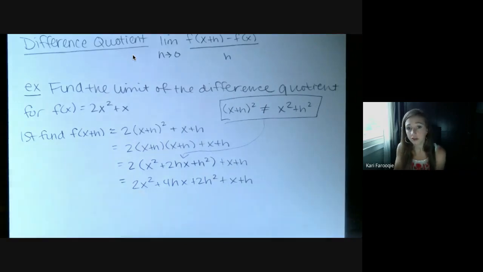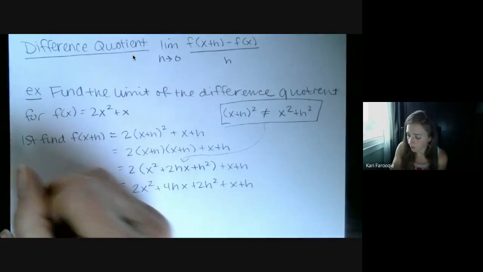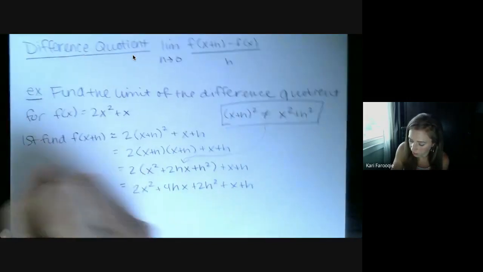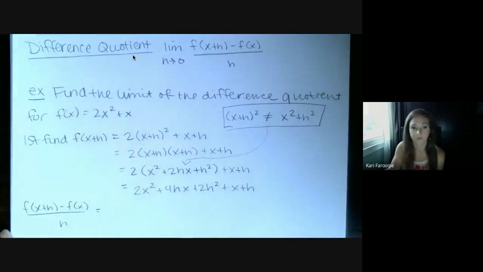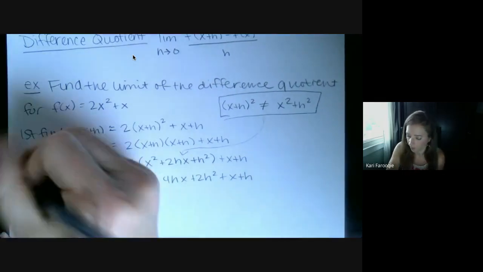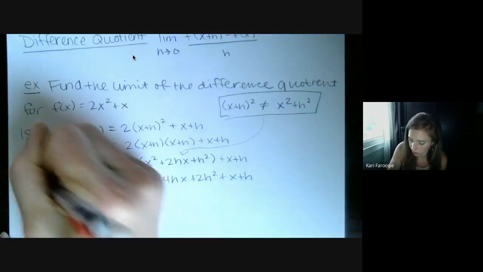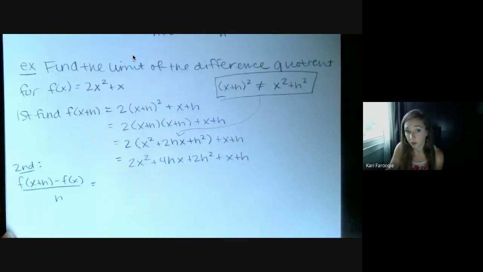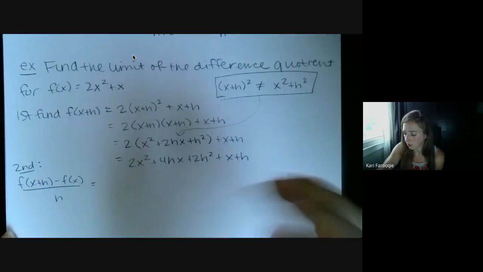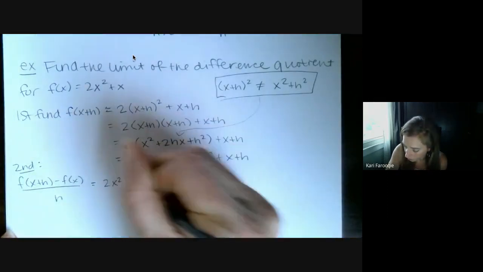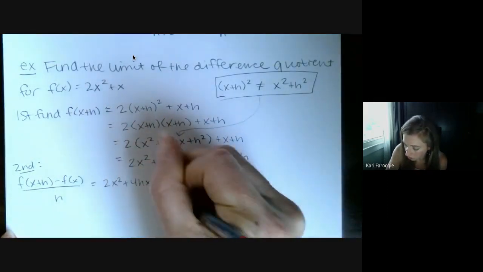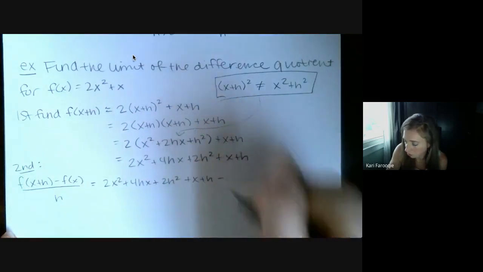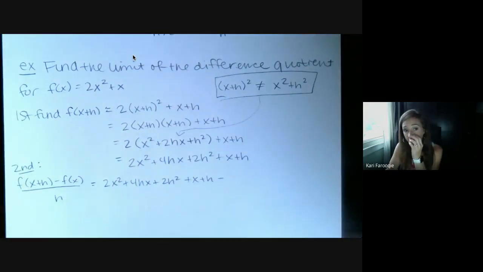All right, so now we're going to start putting this difference quotient together. I'm looking for f of x plus h minus f of x divided by h. So we'll do this second. So I'm going to take my f of x plus h, which I just found: 2x squared plus 4hx plus 2h squared plus x plus h. And I'm going to take off f of x.